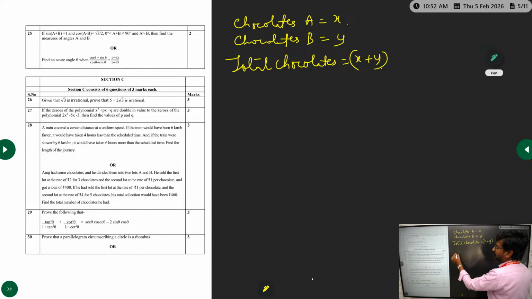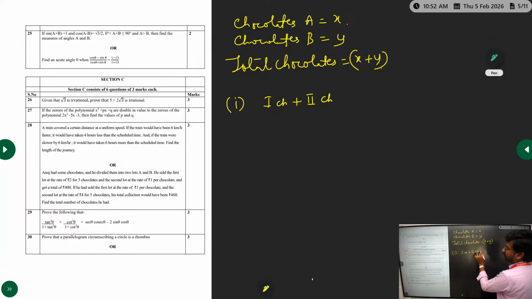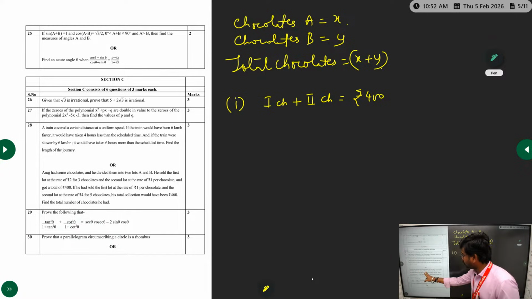Now first condition. I will read the question once again, you can listen. He sold the first lot at a rate of ₹2 for 3 chocolates and the second at the rate of ₹1 per chocolate, and got a total of how much money? 400.